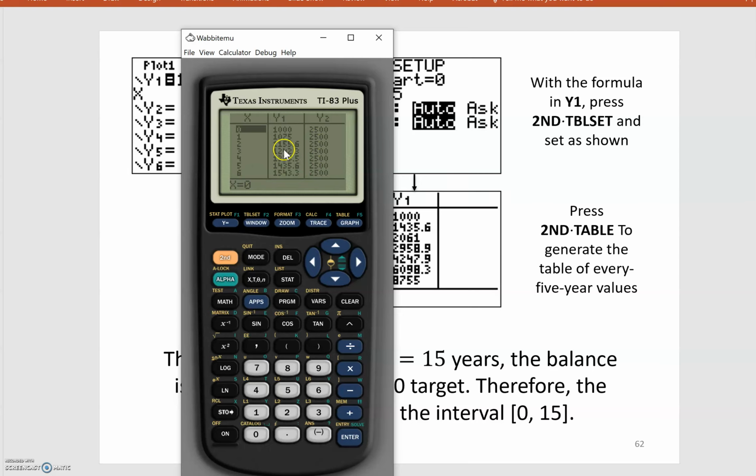So what does this tell me? This is telling me what my domain should be in order to see the intersection. If I make sure that I have 12 to 13 in my domain, and then I do zoom fit, then I will see the intersection. So let's go to Window. Actually, 0 to 20 is fine because that would include 12 to 13. Let's just leave it at that, and then we'll do zoom fit.